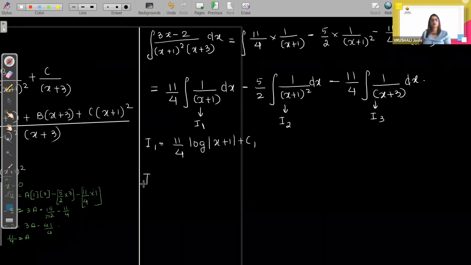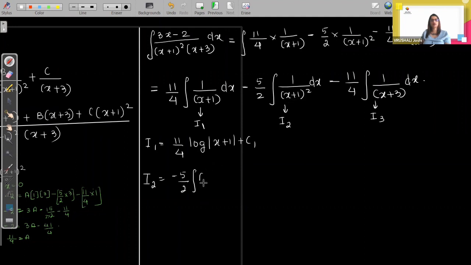करेक्ट? I2 कैसे करेंगे? We have minus 5 by 2 integration of, देखो x plus 1 के जगह पे I am going to write this as x plus 1 raised to minus 2 dx. Correct? And here I can take it as x raised to minus n.